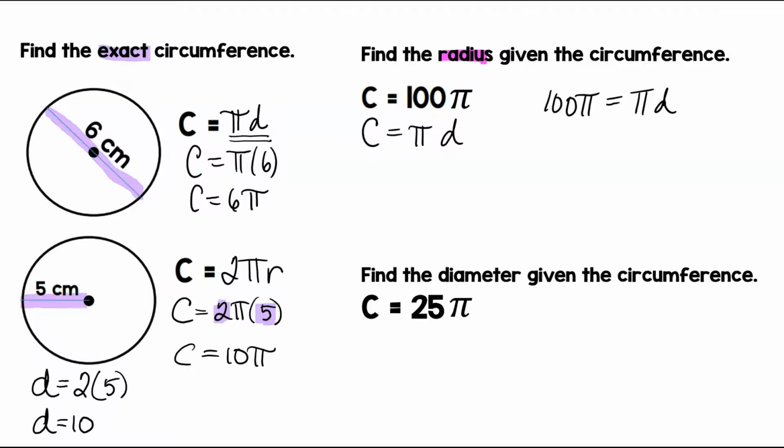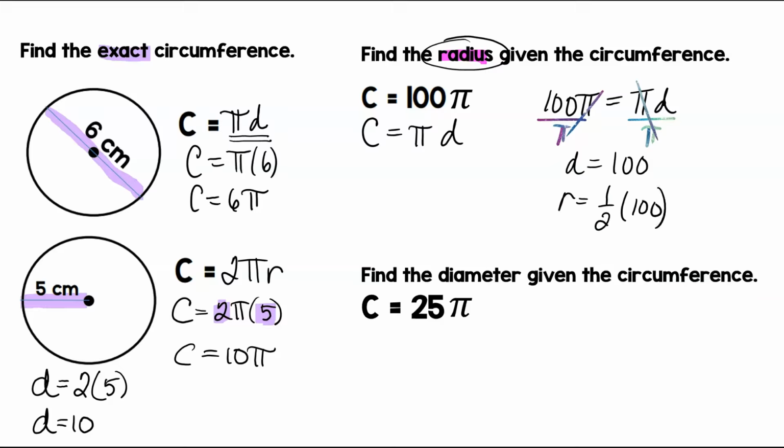So to get the diameter, we're going to divide both sides by pi so that we get d alone, which means the diameter is 100. However, we need the radius. The radius is half of the diameter, which means the radius is 50. You could also write this as 100 divided by 2. That's the same as saying half of something, and it'll still give you that 50.